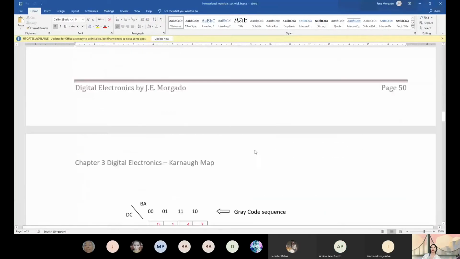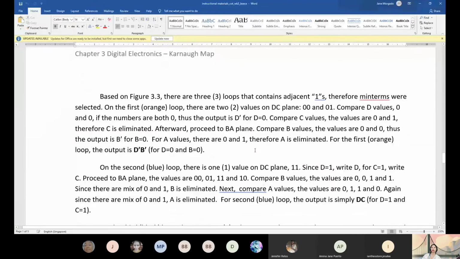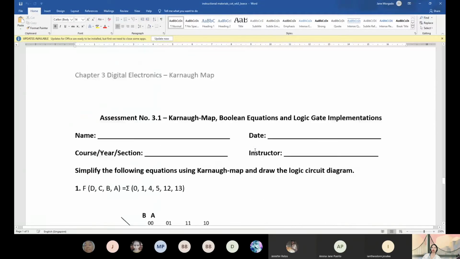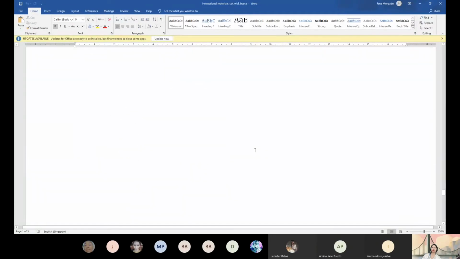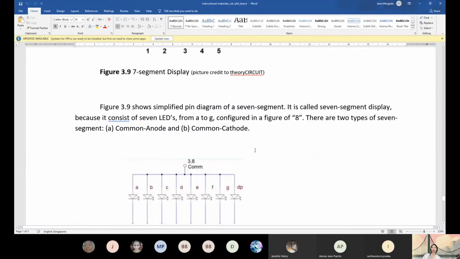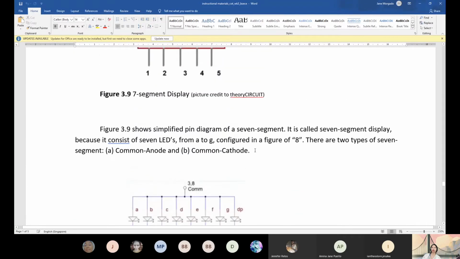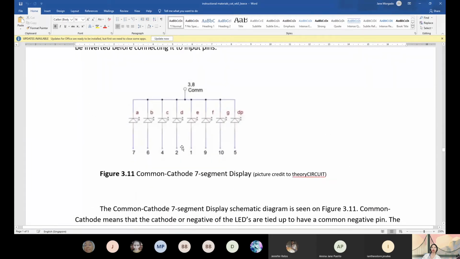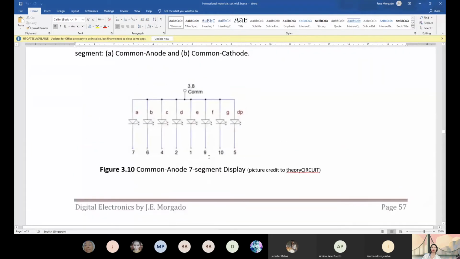Okay, this 7-segment display has 2 types. So we have common anode and common cathode. Okay, so let's have the common anode.